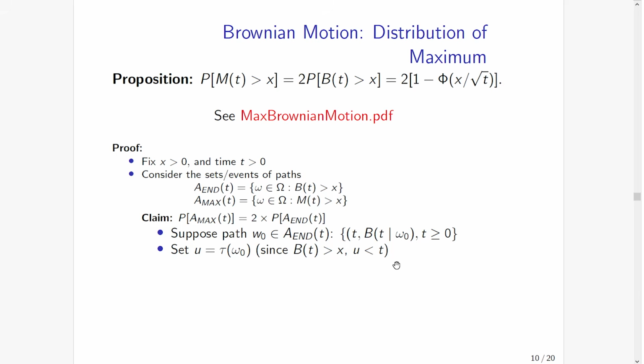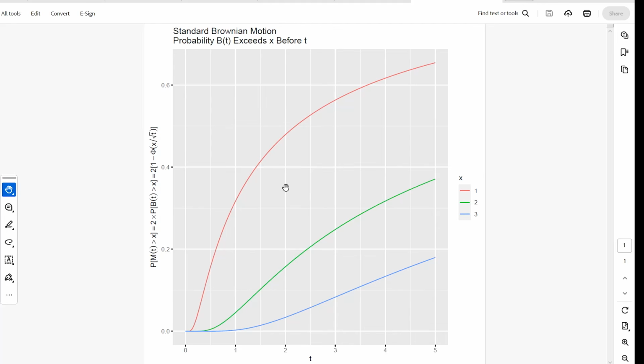So here is a graph of the cumulative probability of the maximum exceeding a level x. Basically, we're interested in what's the probability of exceeding x before time t. With lower values of x, like 1, the probability is quite high.